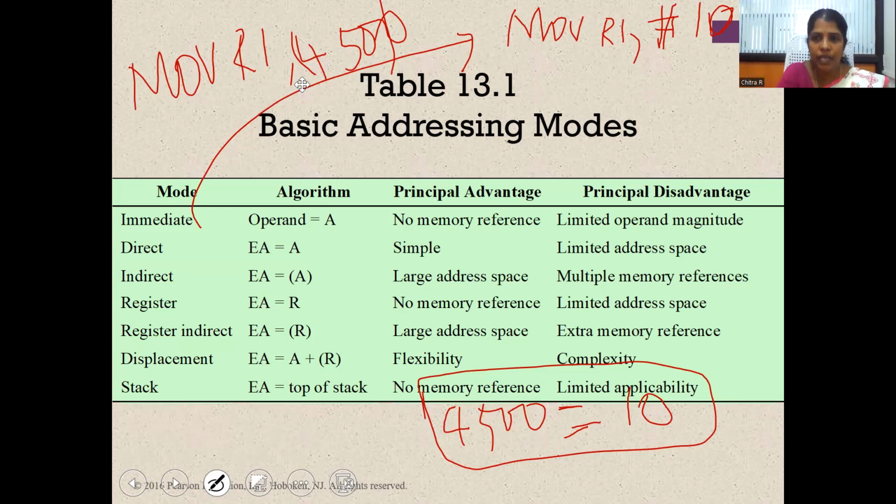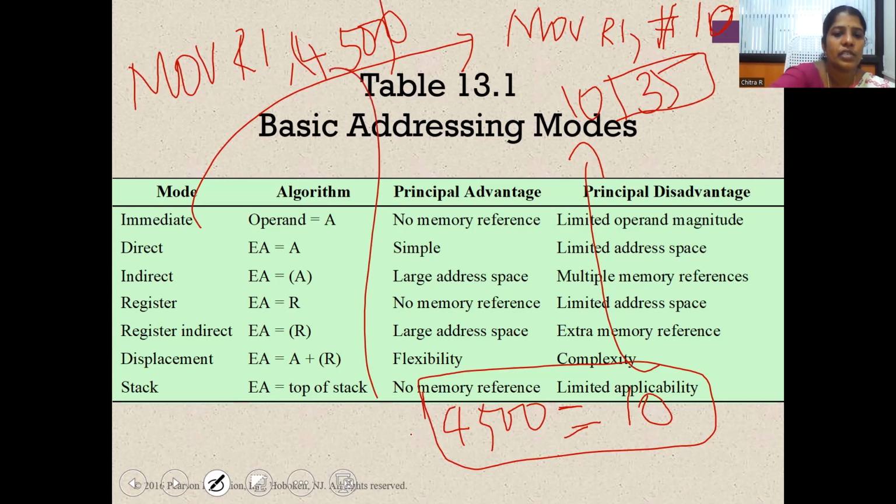Now, instead of taking the same value, go to the location 10 and search what is available there. Suppose the value 35 is available in 10; that value is taken. So it is a two-level reference. First, go to the location 4,500 and fetch the value. 10 is there. Go to the location 10 and from there take the value. Two directs combined give the indirect addressing.